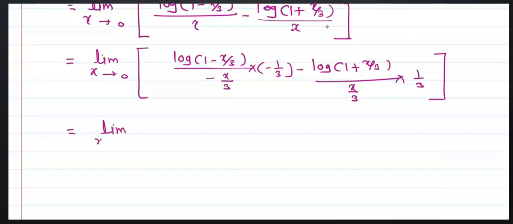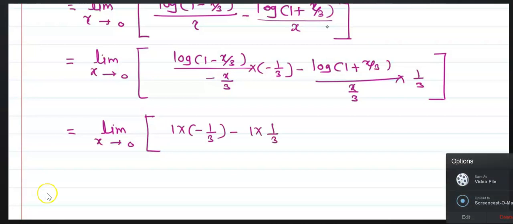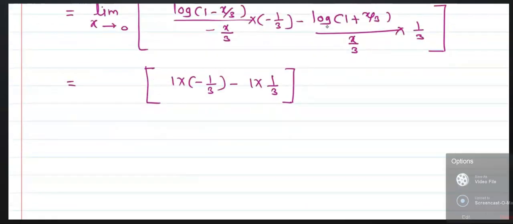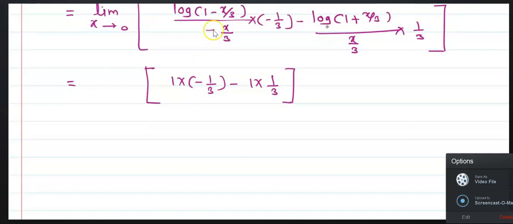Now the value of this limit, that is the limit x tends to 0. Now next step is, therefore the value of this limit is 1 into minus 1 upon 3 minus 1 into 1 upon 3.